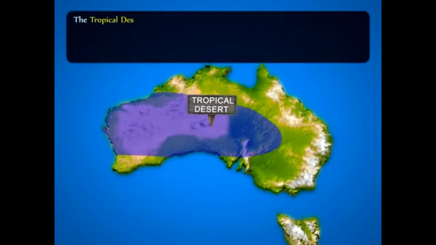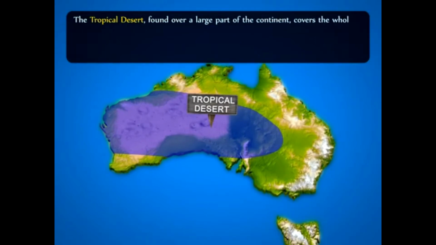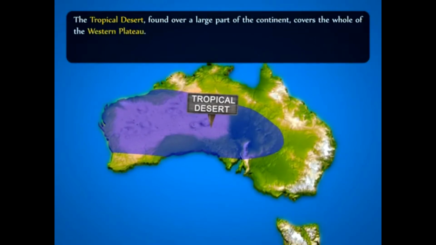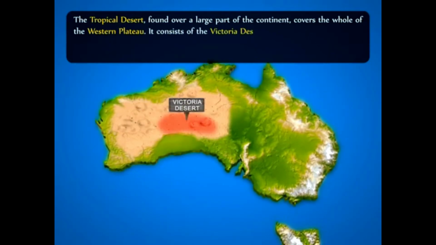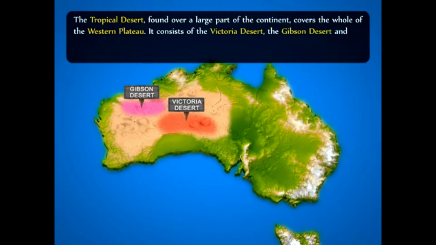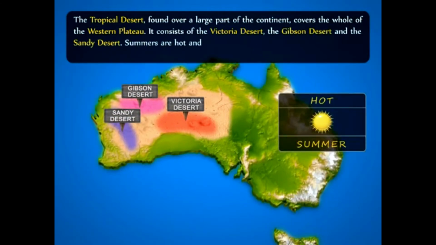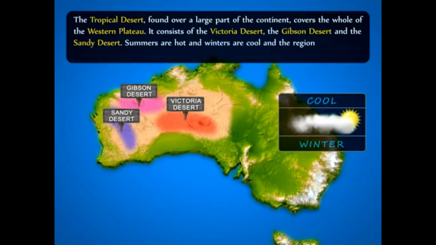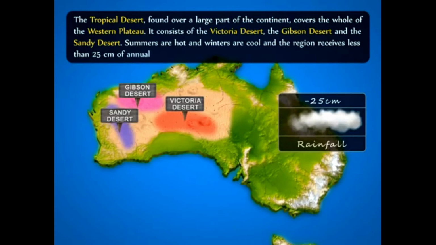The tropical desert, found over a large part of the continent, covers the whole of the western plateau. It consists of the Victoria Desert, the Gibson Desert and the Sandy Desert. Summers are hot and winters are cool, and the region receives less than 25 centimeters of annual rainfall.